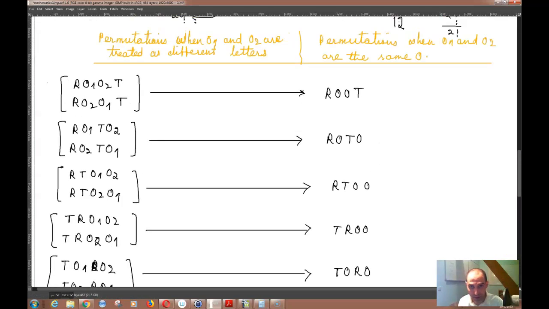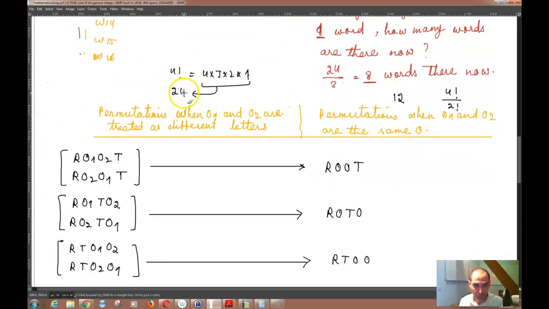So I have done the same thing here. I have 24 words here. Now taking each 2 factorial words as one word, you would just simply take your 24 and divide it by 2 factorial. That's all there is to it. Very simple, but of course really powerful.